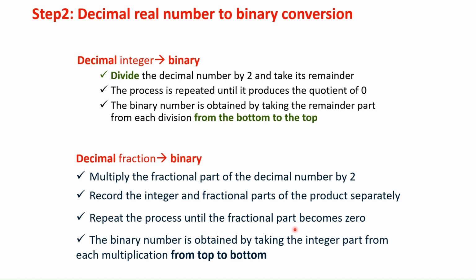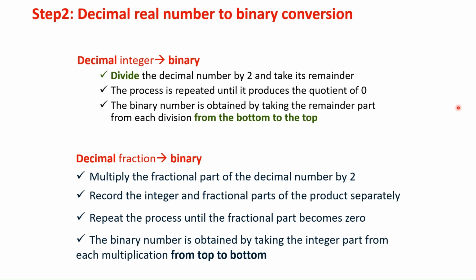Sometimes the fraction part doesn't become 0 for a long time, so we take an approximation. We just do 3-4 steps and then stop. The binary number is obtained by taking the integer part from each multiplication from top to bottom. Let's see with an example, it will be clear.